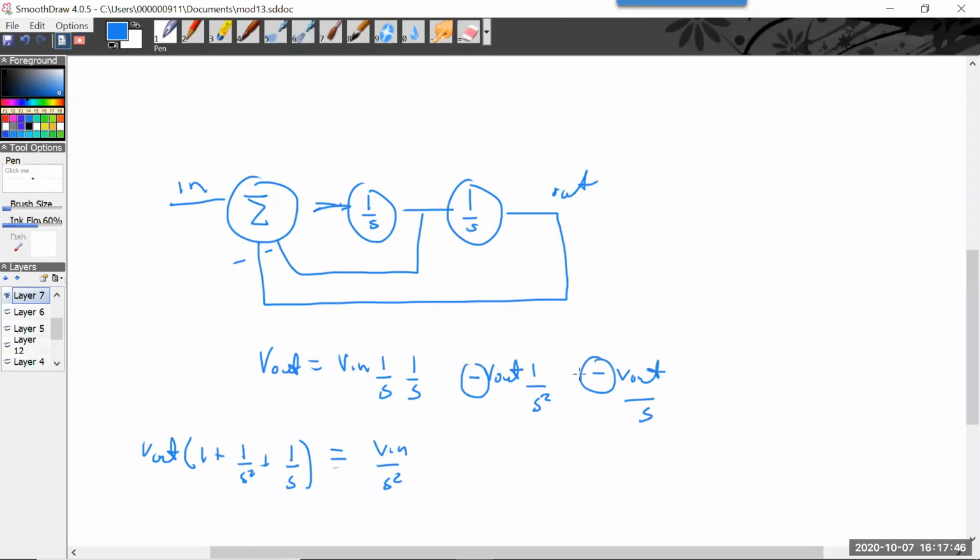These minus signs, when I start solving for V out over V in, become positive. And I'm going to get this kind of 1 over S squared, 1 plus 1 over S plus 1 over S squared, putting it in the right format.